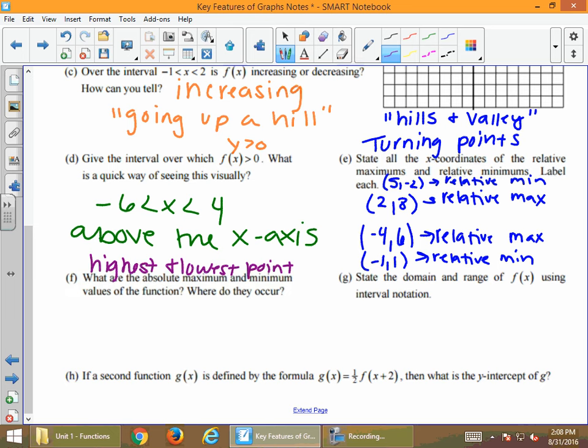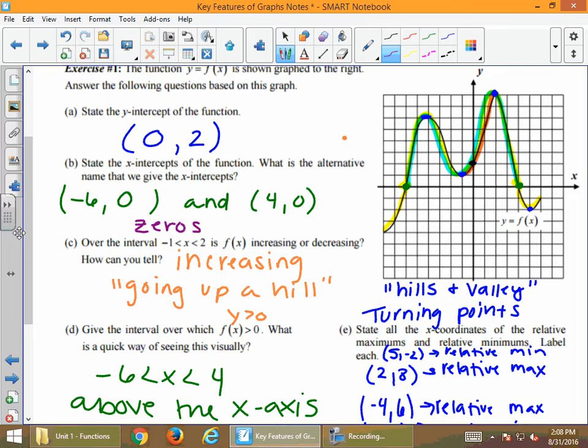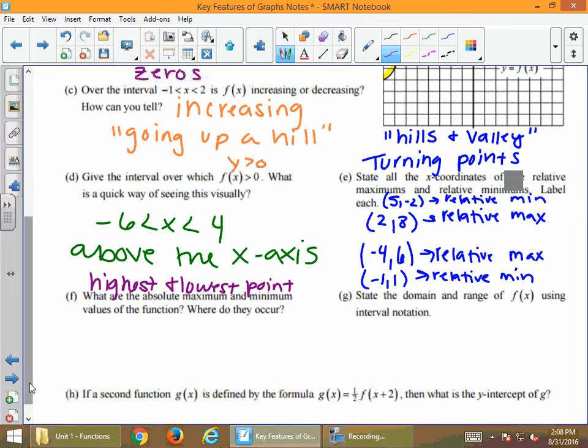It's literally what your high point is, and it literally is what your low point is. It doesn't have to be on one of those turning points. So if we look at our graph, what is our highest point? If it's our highest point, would that be our max or our min? That would be our max.